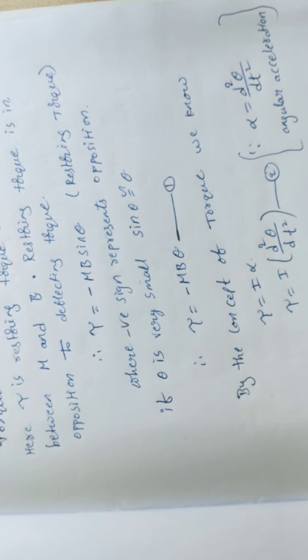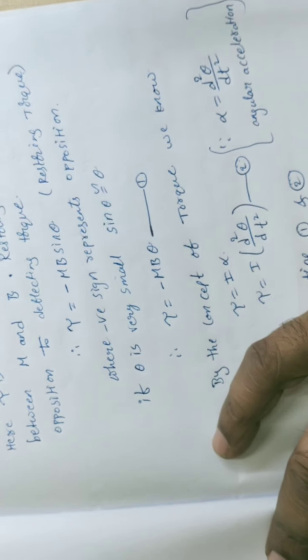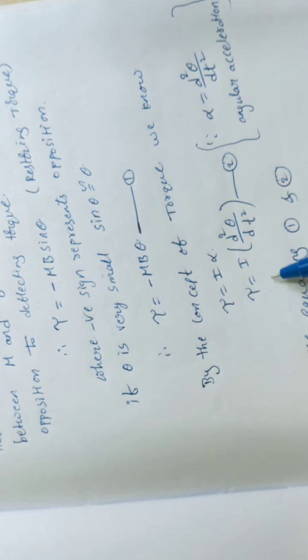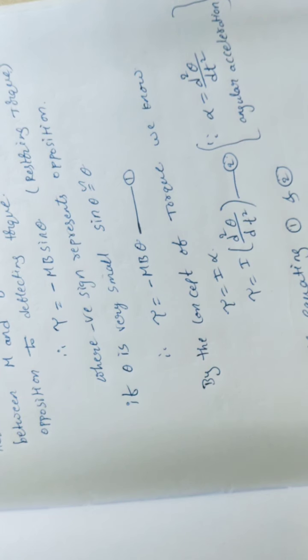Angular acceleration we represent as alpha equal to d square theta by dt square. So tau is equal to I d square theta by dt square. Let me take this as equation 2.